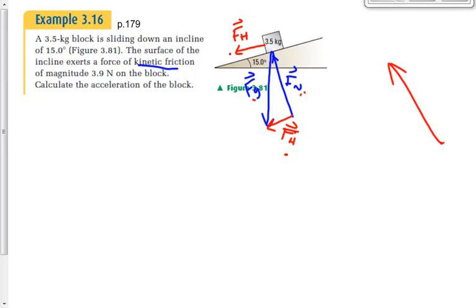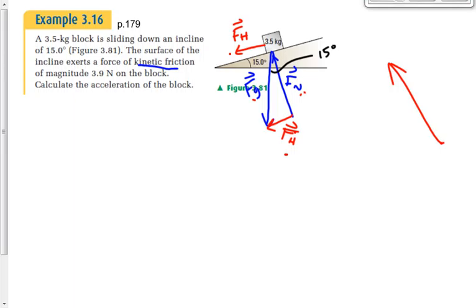Now, how do we get that value of Fh? You can see that this angle that we have labeled here at the bottom of the hill is 15 degrees. This angle right here will always be the same angle as that angle at the bottom of the hill. Always, every single time. I can justify it for you, but in the end you're not going to have to repeat that because it's always going to be the same value.